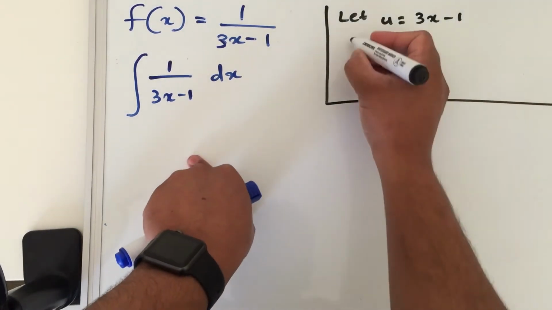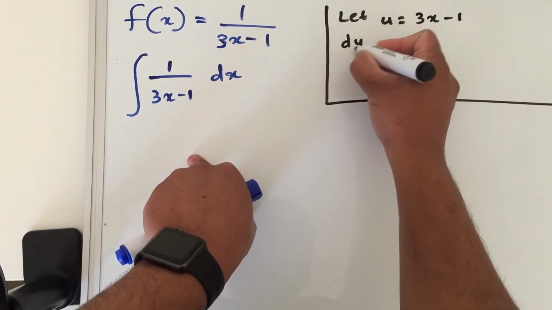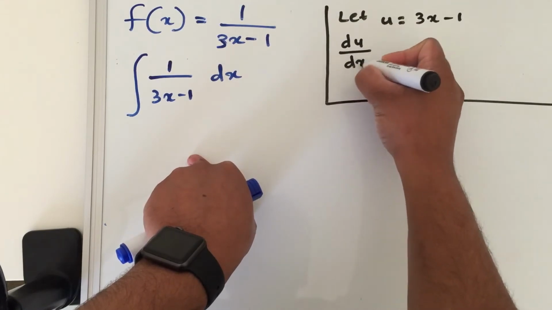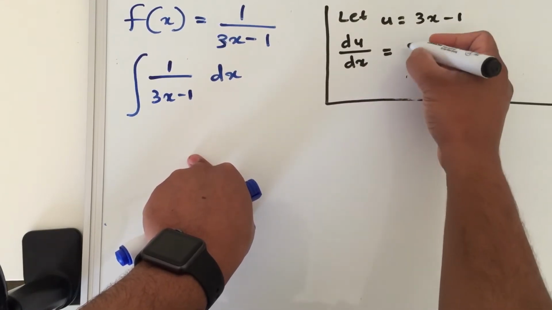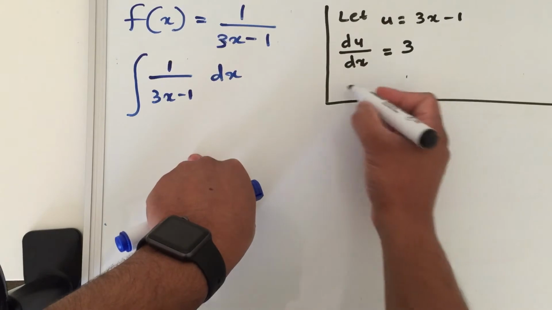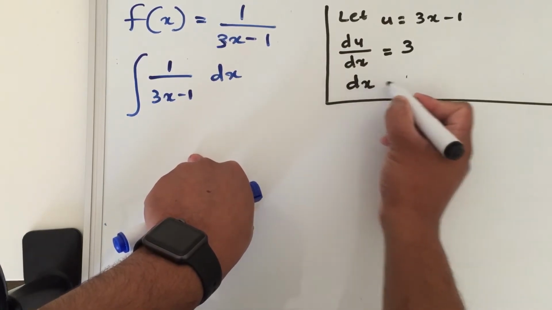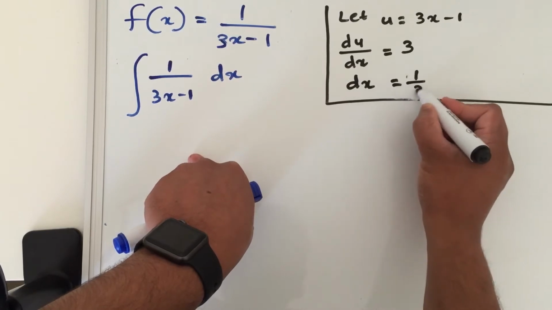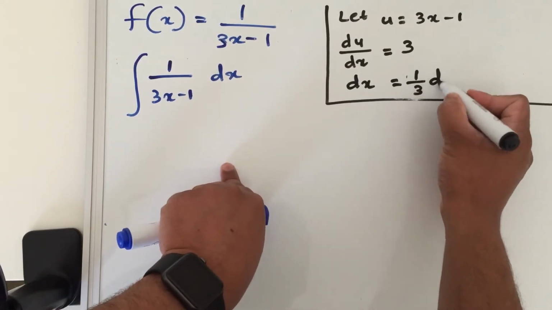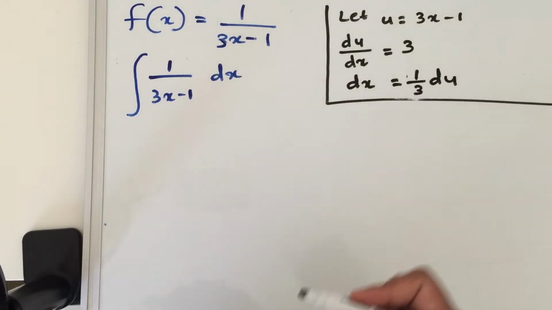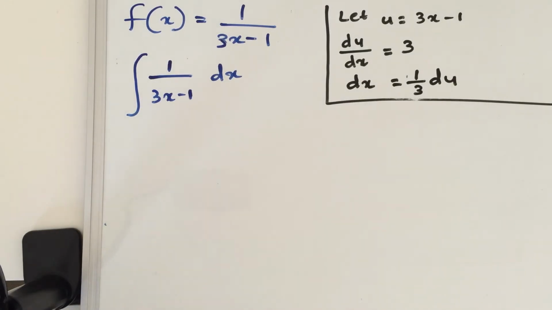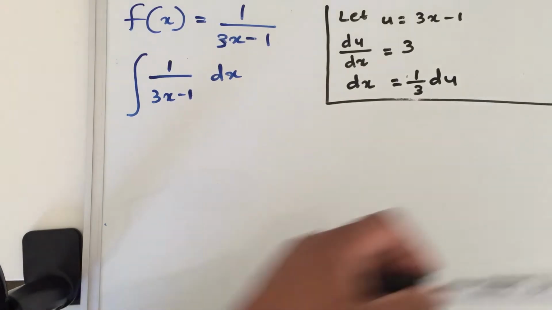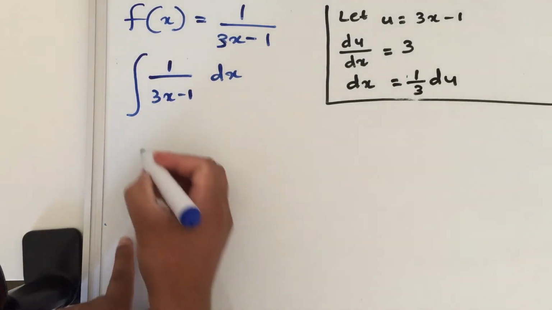Then I take the derivative, du over dx with respect to x, which is equal to 3. In other words, I can rearrange it so dx is equal to du over 3. So now I can substitute here.